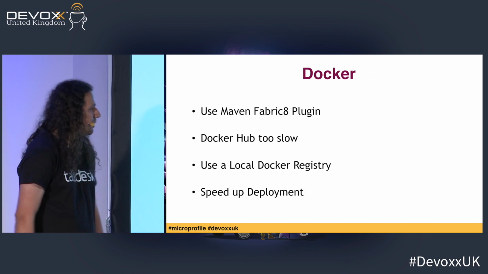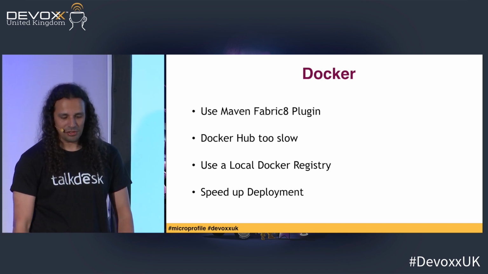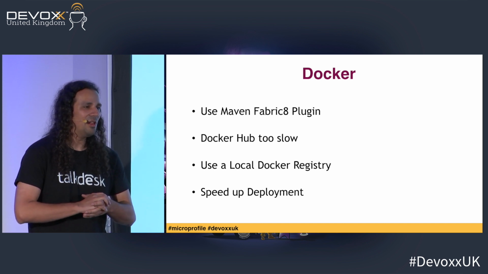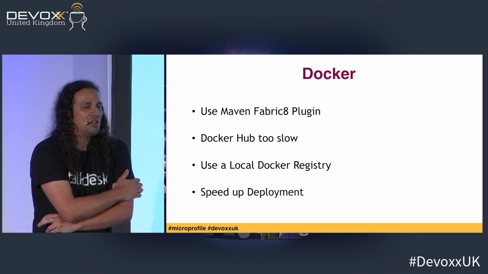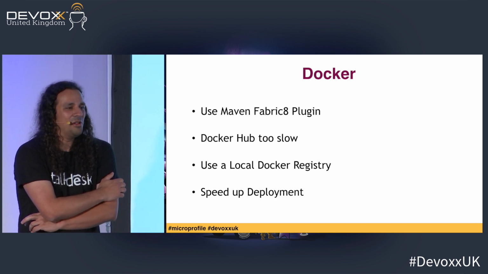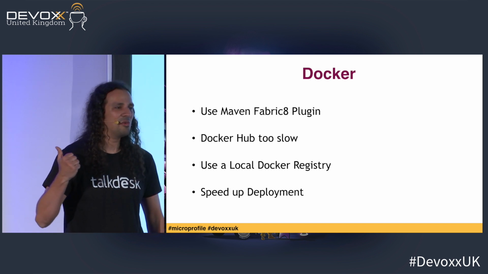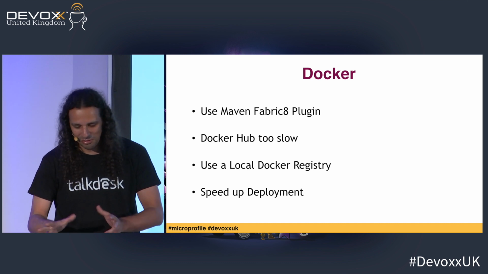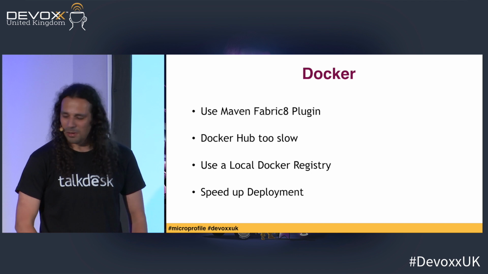For Docker, we're using the Maven Fabric8 plugin to create the Docker images. We don't really like to use the conference Wi-Fi because we don't know what it's going to look like. And of course, Docker is super slow, so we don't want to push over the network and then come again. So we try to come up with a completely local setup.